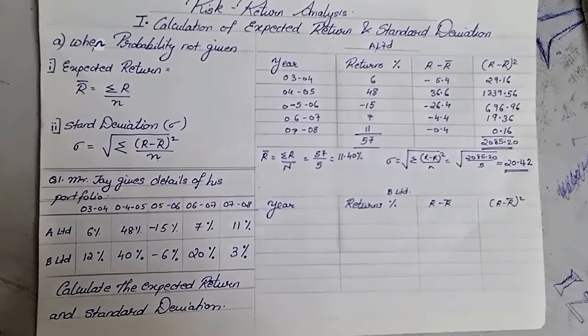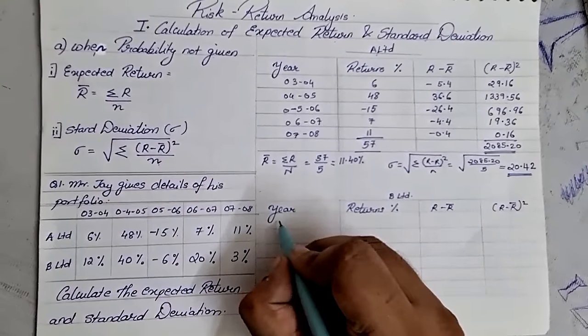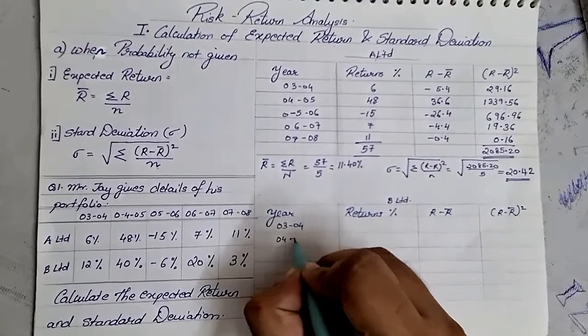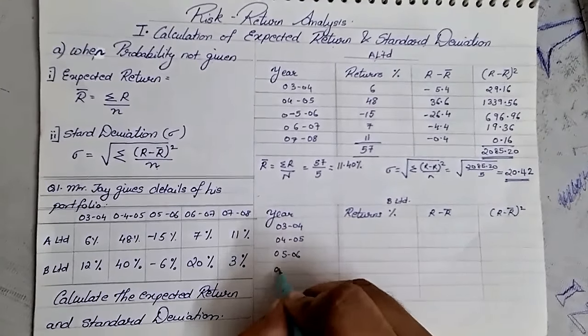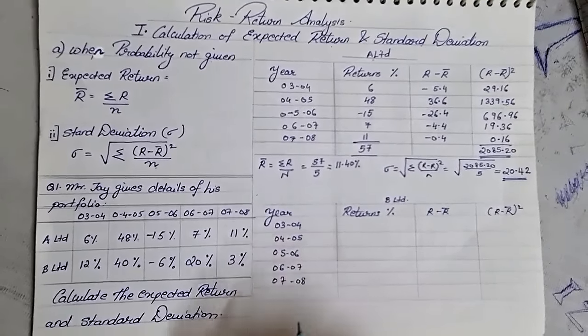Now similarly we'll have to do the same for B Limited. So under years again we have 2003, 2004, 2004, 2005, 2005, 2006, 2006, 2007 and 2007, 2008.